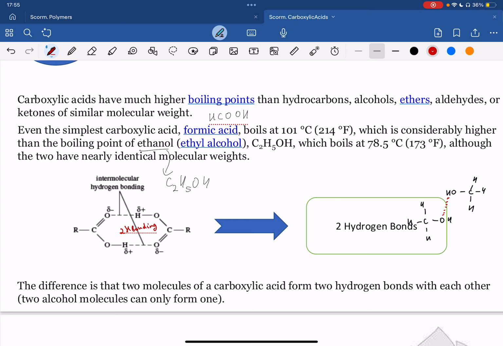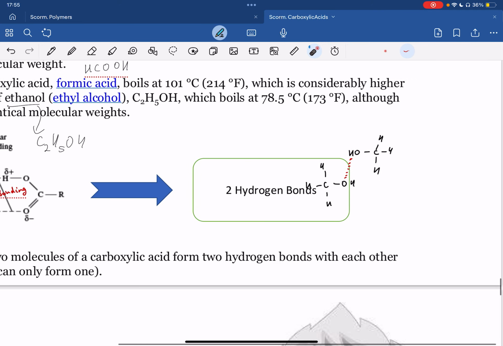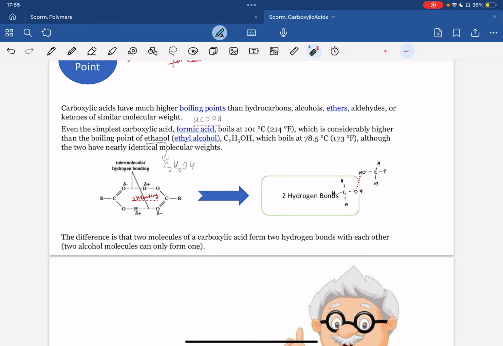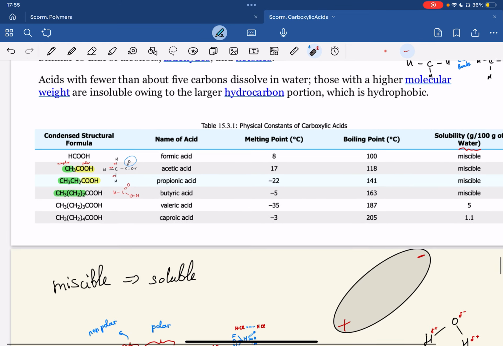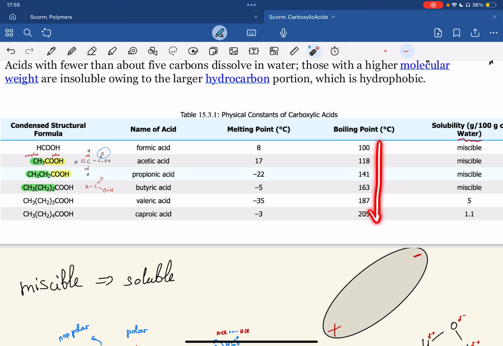So whenever we have hydrogen bonding, the boiling point is higher. We also see here that between two alcohols, we have one hydrogen bond, so it is weaker than carboxylic acids. Also know that the boiling point increases as we go from top to bottom.